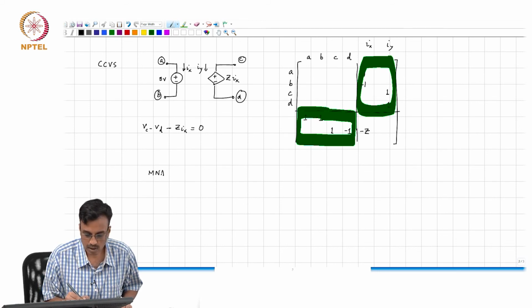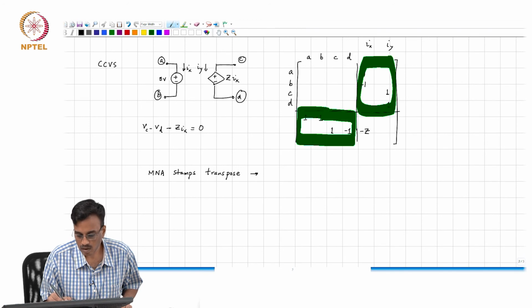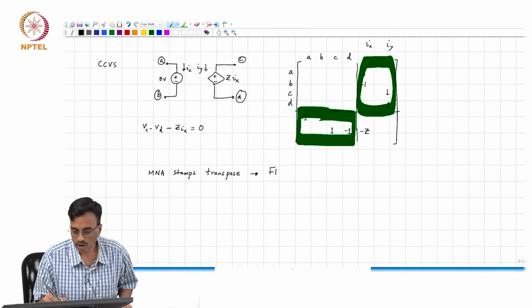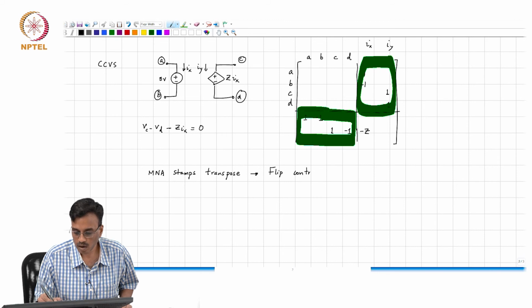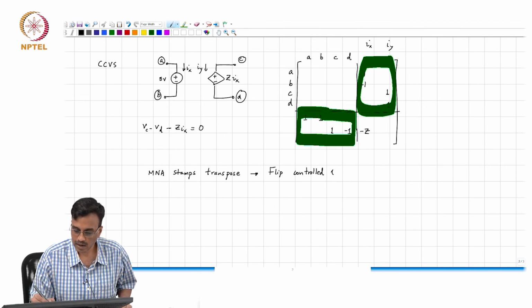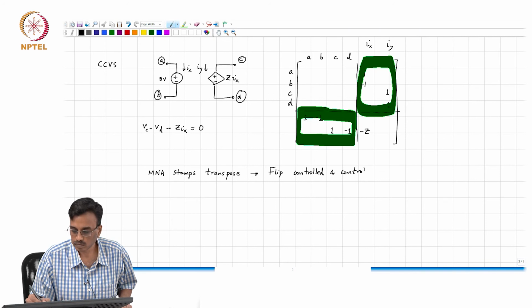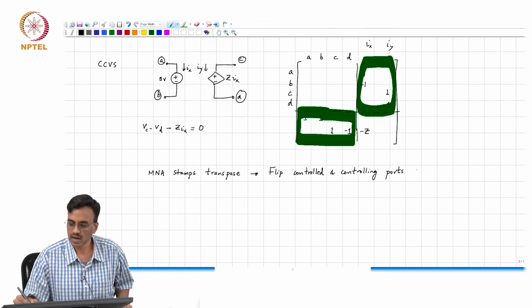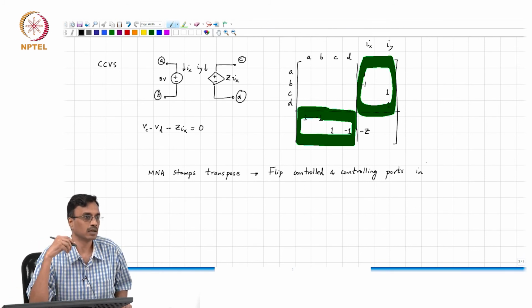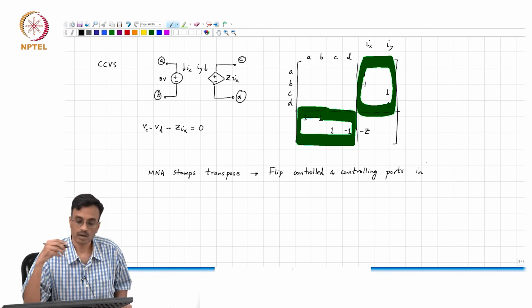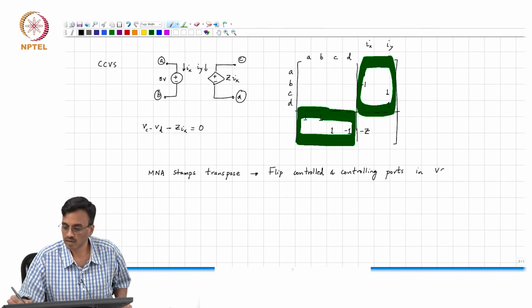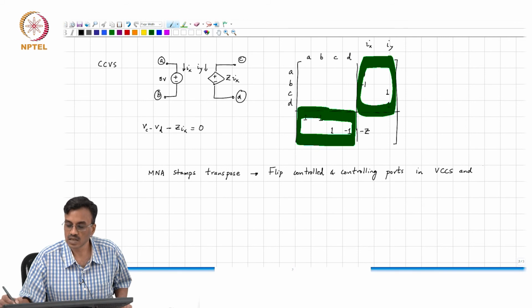This is just an observation. Flip the controlled and controlling ports in which controlled sources? VCVS, very good, and CCCS, very good.